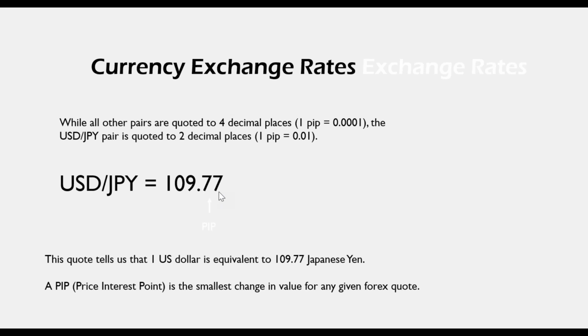So there were 7 pips. Pip is the price interest point. It's the smallest change in value for any given Forex quote. So for the US dollar Japanese yen pairing, that is the second decimal point. The quote tells us that 1 US dollar is equivalent to 109.7 Japanese yen.